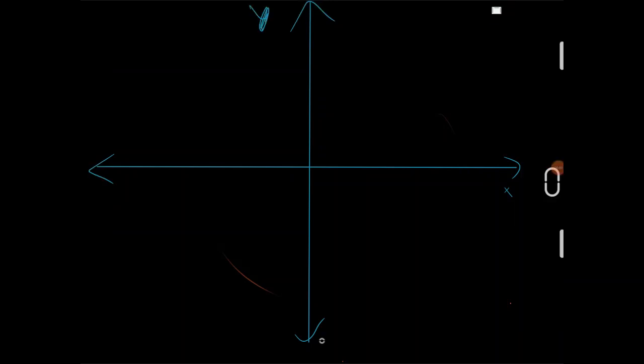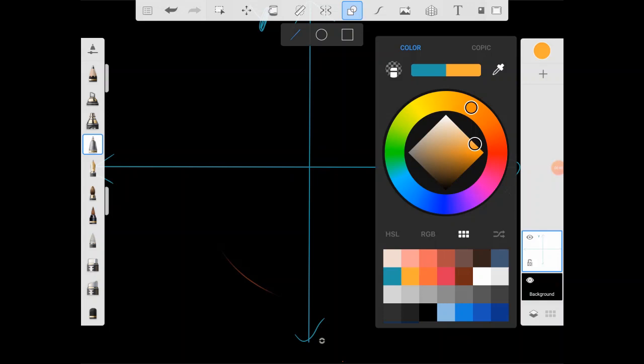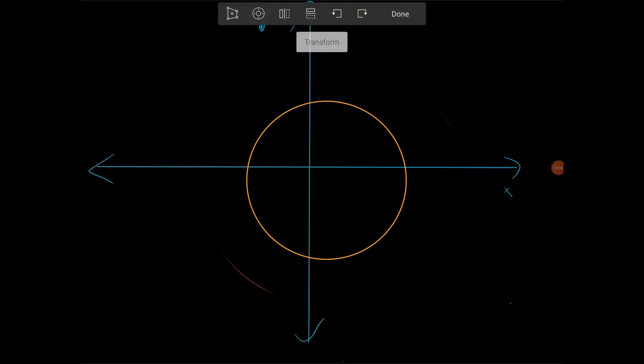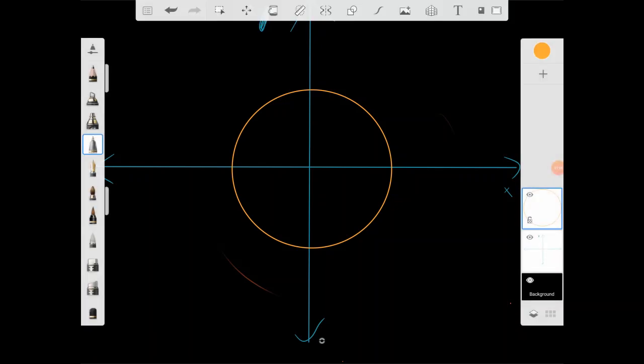You all know this, right? Got Cartesian plane. Now I will draw my circle. I'll use a different color for that. Almost center. Perfect.